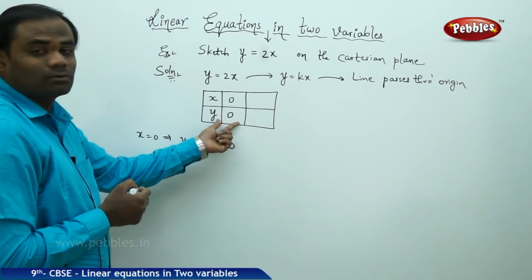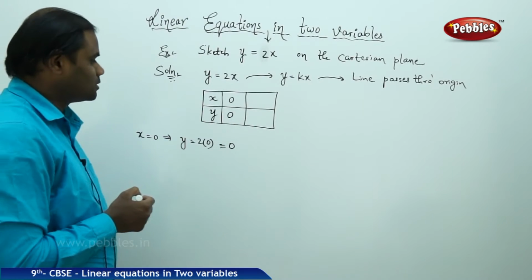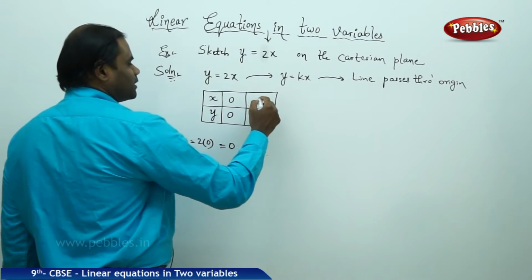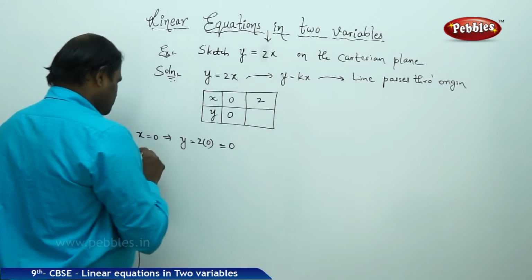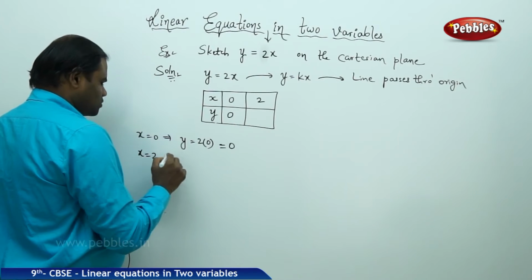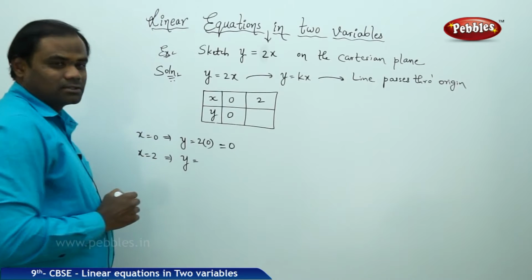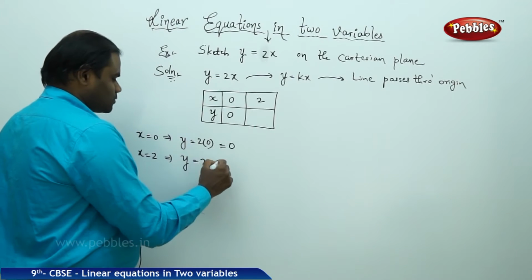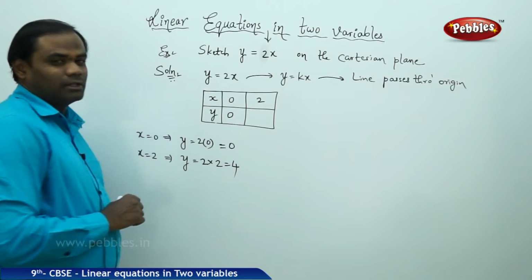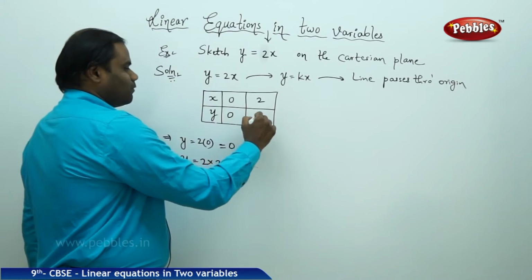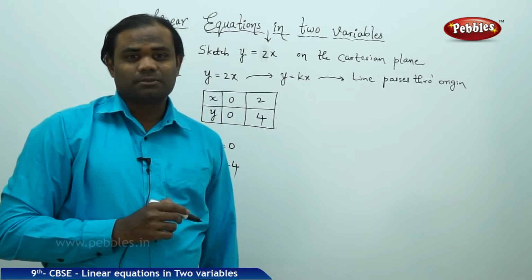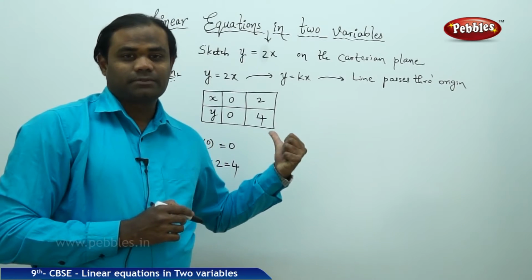Therefore, when x is 0, the y coordinate is 0. Similarly, if I take another value, say 2, when x is 2, my y is 2 times x, that is 2 times 2, which is 4. Therefore, when x is 2, my y is 4, is how I understand the sketching concept through the table of values.